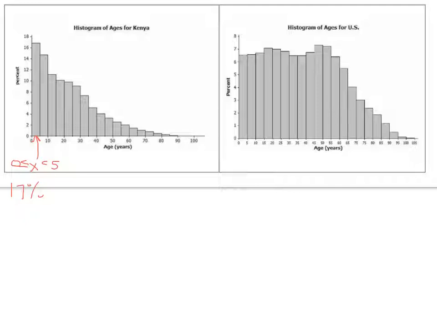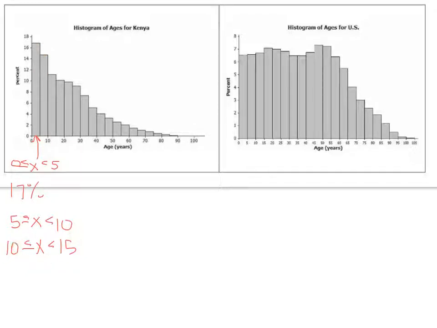So which ages are represented along the horizontal axis, the x or the horizontal axis? I have from ages 0 to age 90, yeah? But it goes in groups of 5. So 0 to 5, 5 to 10, 10 to 15, and notice this range right here does not include 10 years old.